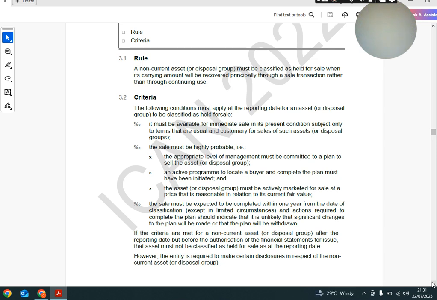The first one is the asset must be available for immediate sale in its current condition. Then the second one is that the sale must be highly probable, that is, the probability of selling the asset must be high.